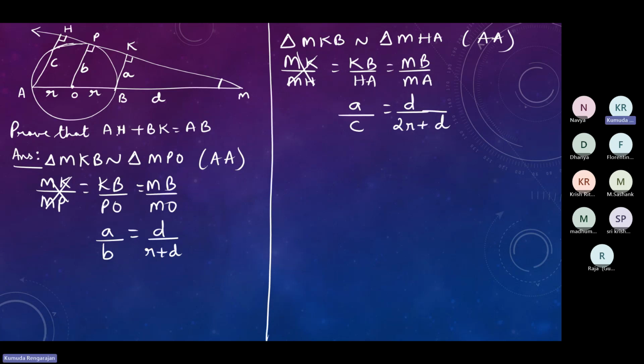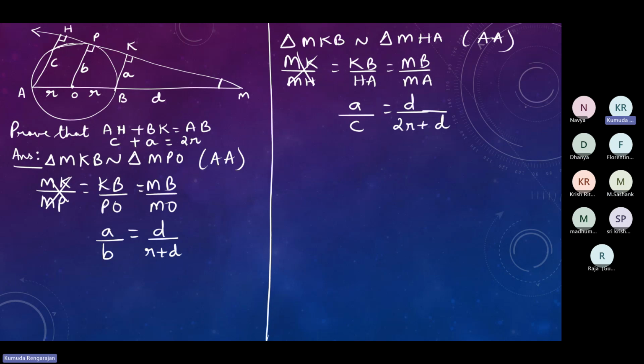Now, children, we'll do one more thing. We need to prove this result, right? What is AH, children? AH is C, right? C plus BK, which is A, equals AB, which is 2R.